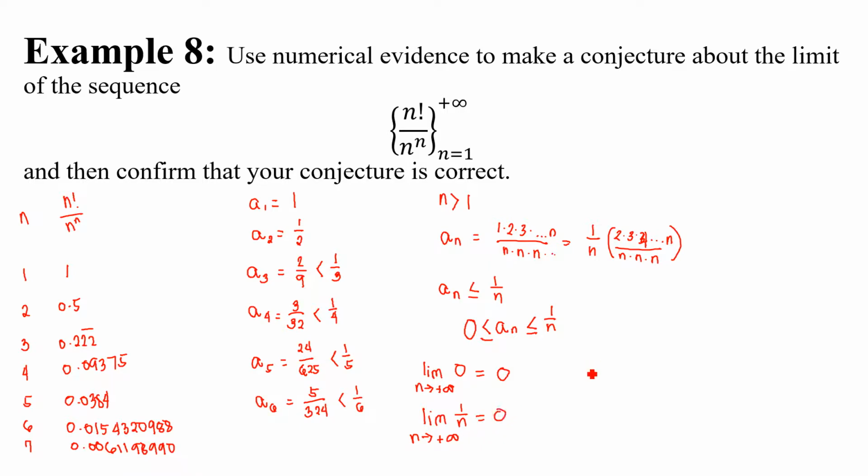Therefore, we could now say that the limit of n factorial over n raised to n as n approaches positive infinity is equal to 0 using the concept of the squeezing theorem, because the upper bound has limit 0, and the lower bound also has limit 0.